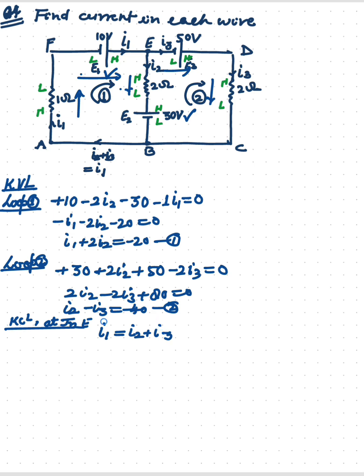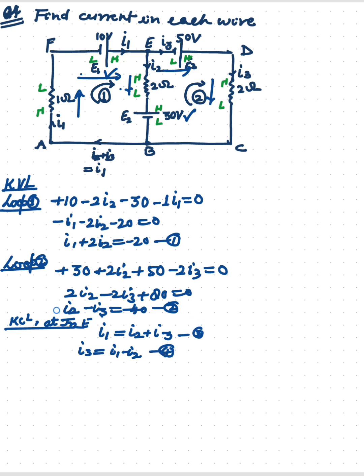Now in equation 2 we are getting I2 I3 terms and I1 I2 terms. So this means I3 value, if I put from here in this, then we can solve it easily. So I3 will be what? I1 minus I2. This is the equation number, suppose 3, this is the equation number 4.